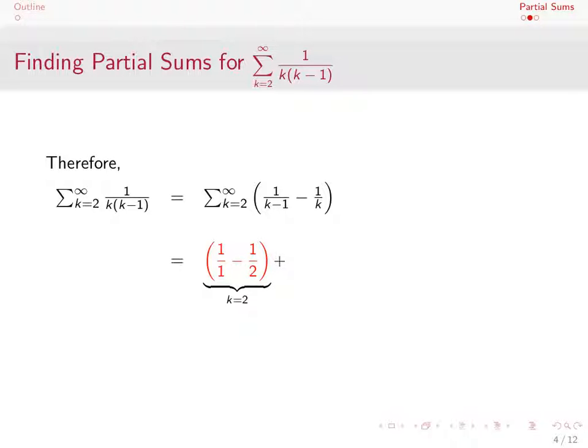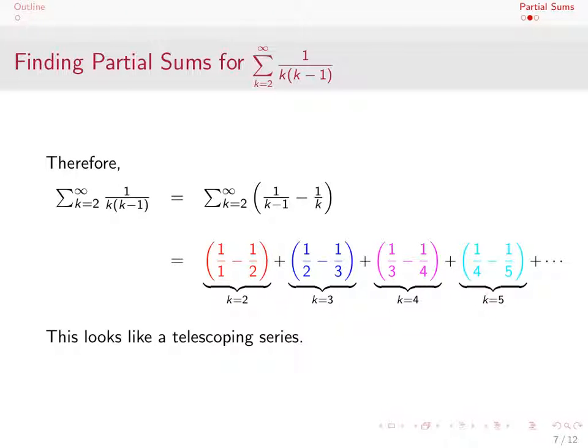Then when k is equal to 3, plugging 3 into this formula gives us 1/2 minus 1/3, so that becomes our second term. Then we'll add our third term, when k is equal to 4, which is 1/3 minus 1/4, and then the fourth term, when k is equal to 5, is 1/4 minus 1/5.